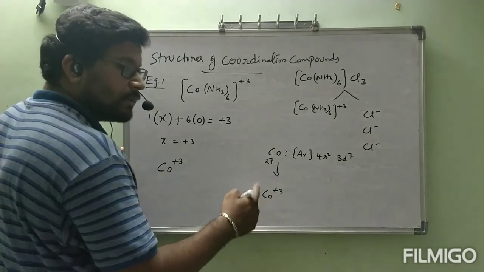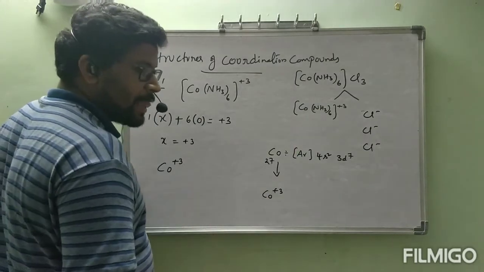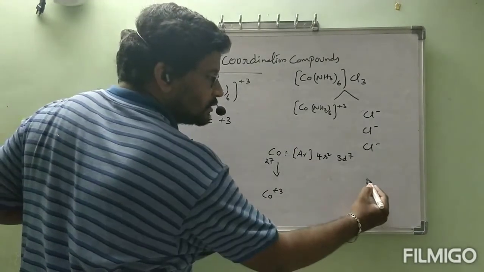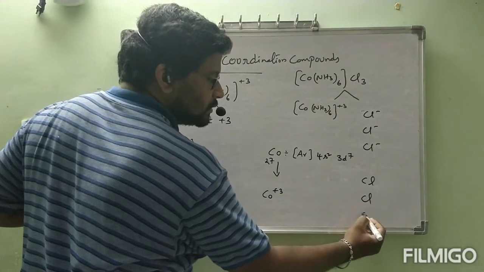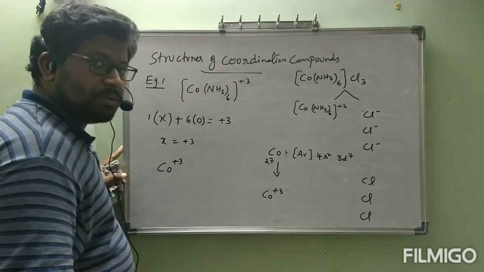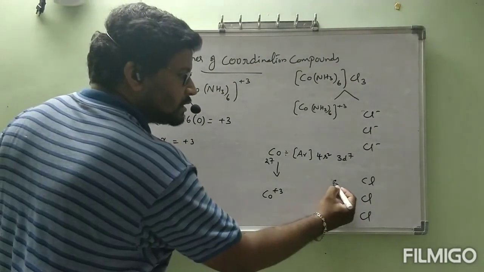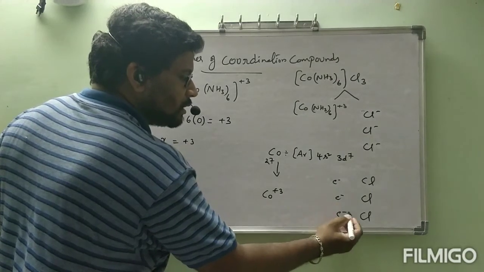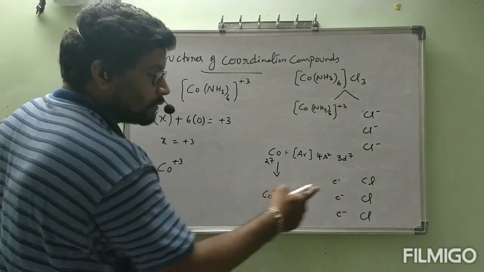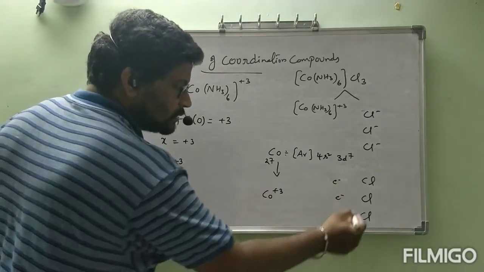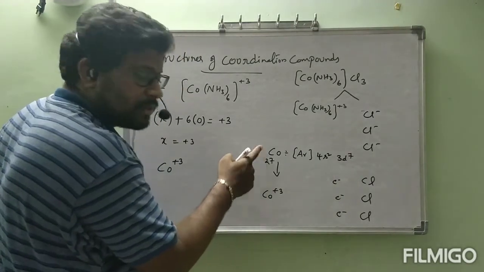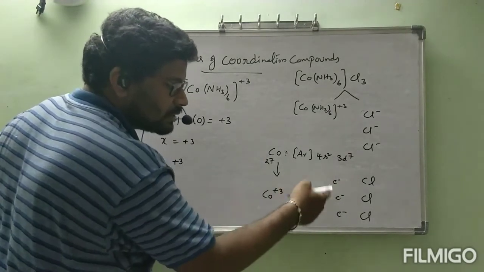By losing 3 electrons. On the other side, 3 chlorine neutral particles are there. 3 electrons are lost from cobalt. This total thing is cobalt only. Correct? But cobalt is going to lose 3 electrons.